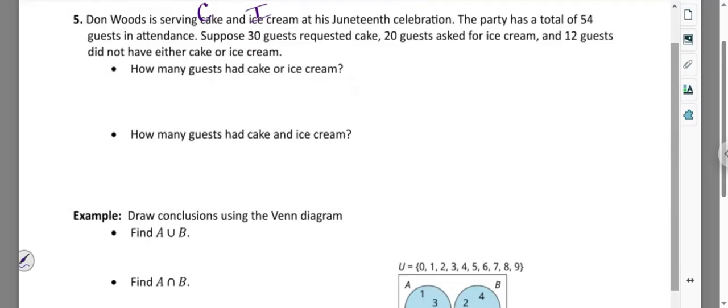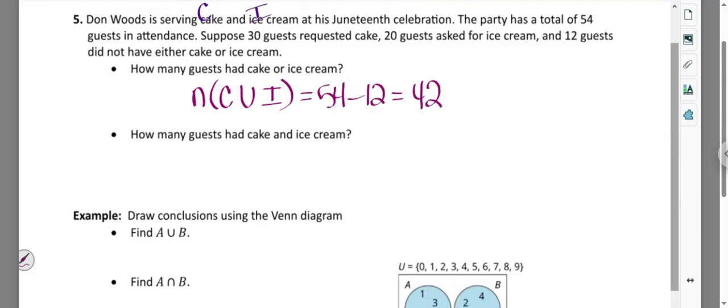So the question is, how many guests had cake or ice cream? 54 people total. 12 people had nothing. So we know 42 people had at least one of those things to eat.